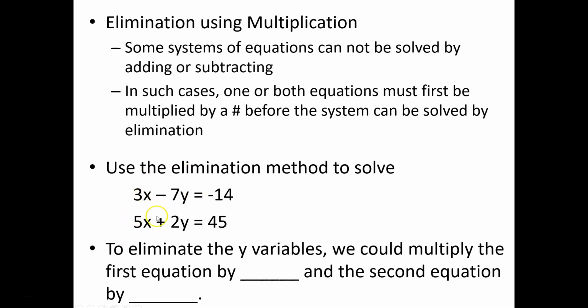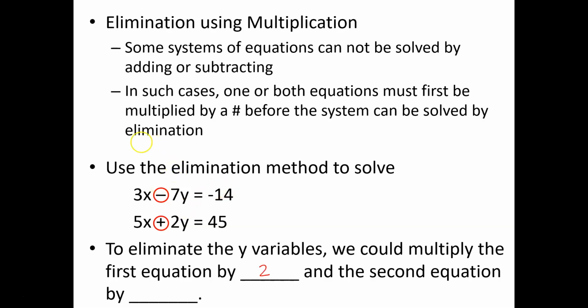To eliminate the y variables, we can multiply the first equation by what, and the second equation by something else? Well, we have a negative and a positive, so that's important. That reinforces that we want the y's.